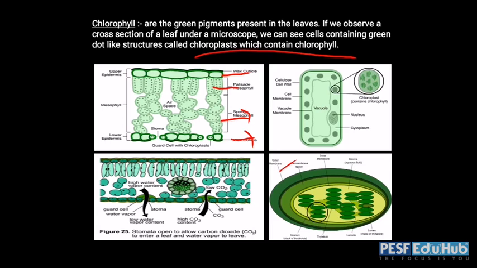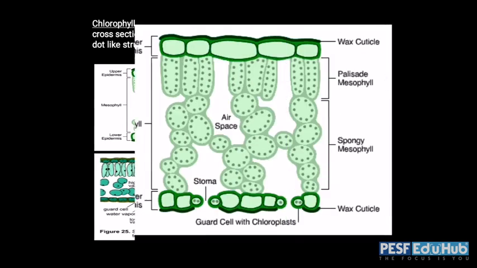When we examine the cells in the epidermis and mesophyll tissue, you can see many dotted structures called chloroplasts. They have a pigment called chlorophyll. Let us discuss in detail the structure of the chloroplast.